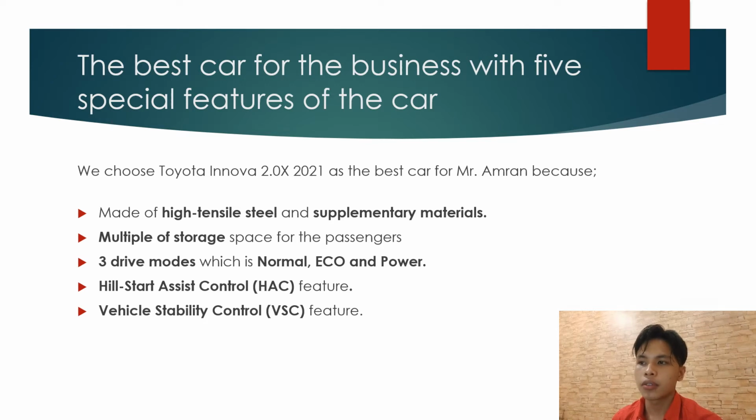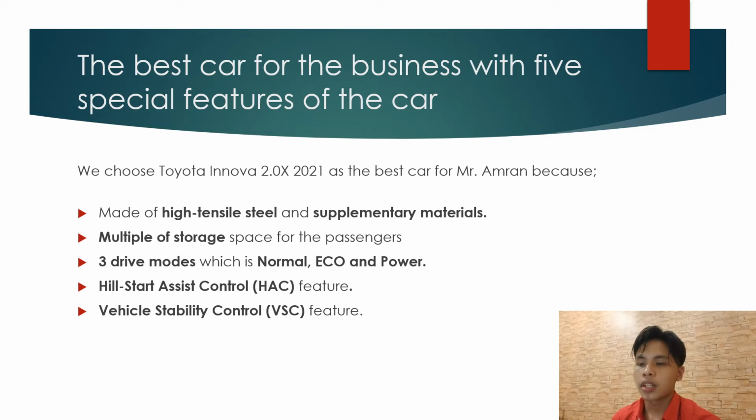The first feature of the car is that its structure is made of high tensile steel and supplementary materials to absorb impact in the event of a collision. Secondly, the spectacular interior also has multiple storage spaces, so the passengers have a place for their belongings.